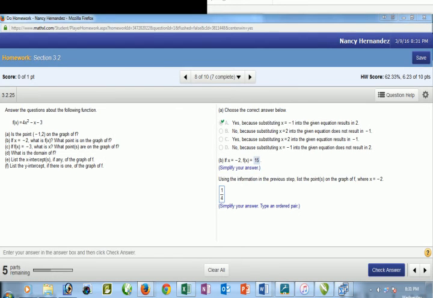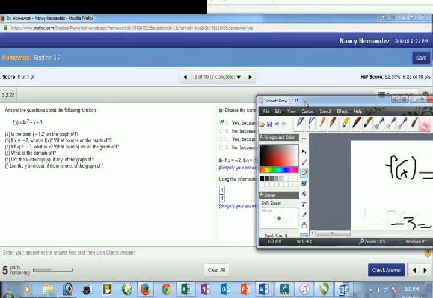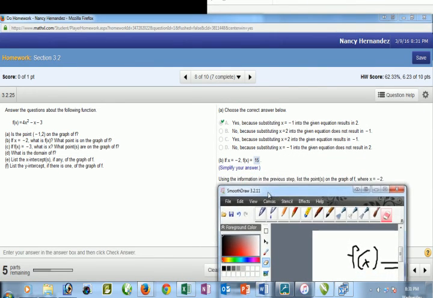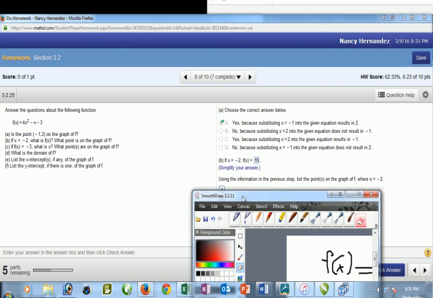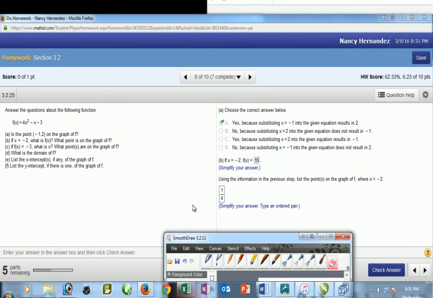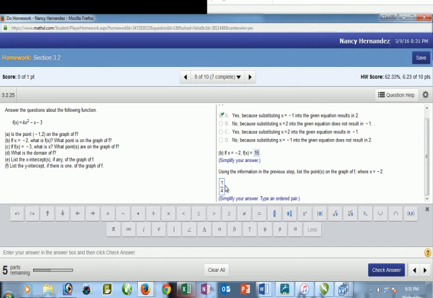Let me check it out again. Okay, it's tripping. Here it comes. This says where x is -2. Oh, it wants me to list the points. My bad. The point should be what?